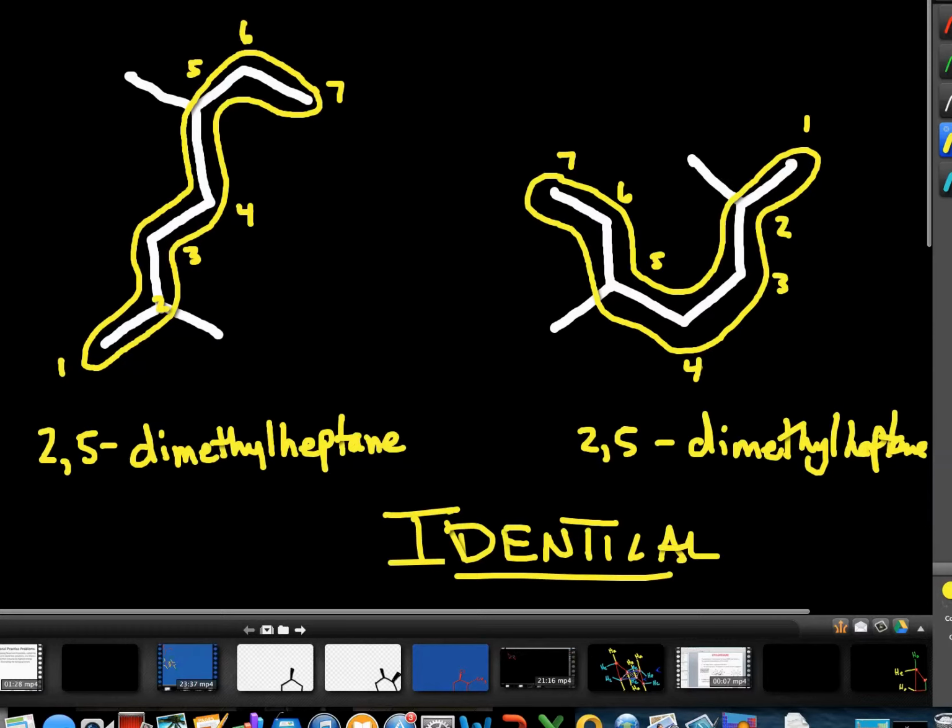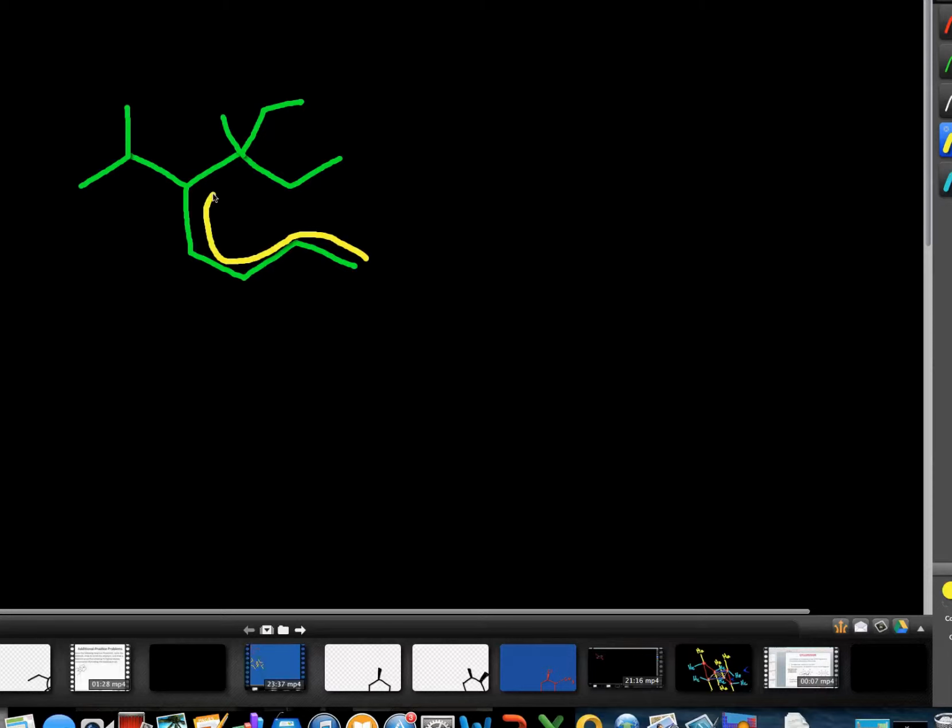So we are given this molecule and we want to name it. So we need to lasso the longest chain. I would say probably the longest chain is going to be right here.